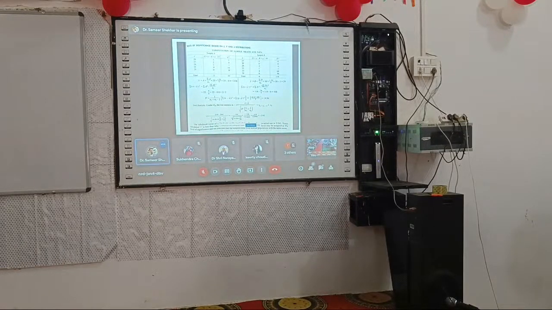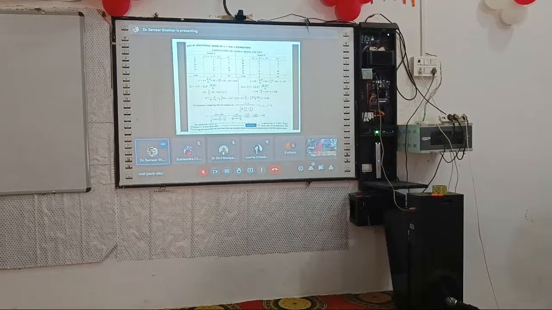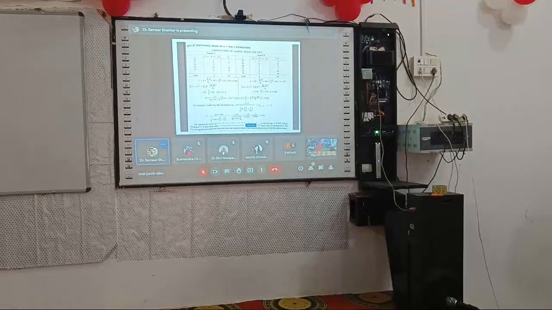You can see it has written 21.2 plus 108 upon 9, right? So 21.2 is the result of sample A and 108 is the result of sample B. So this is being added upon sample size 5 plus sample size 6.